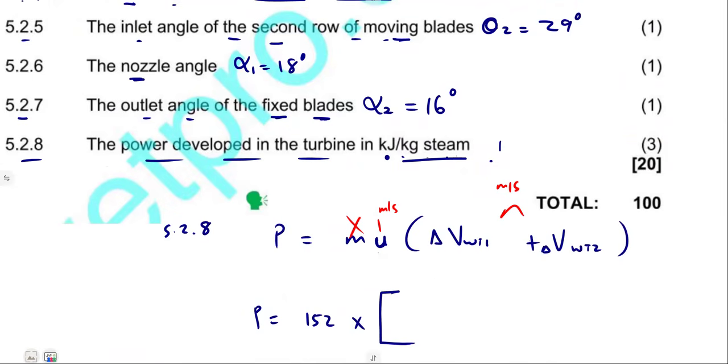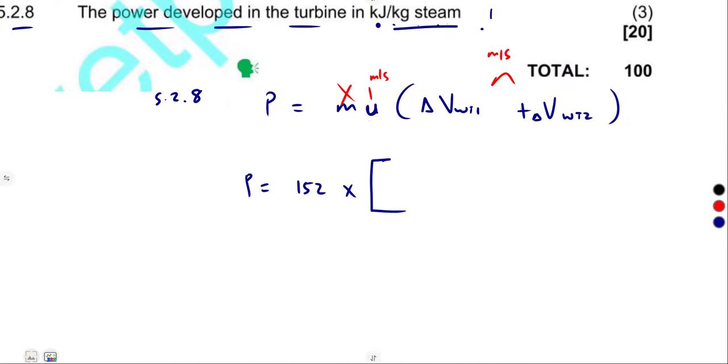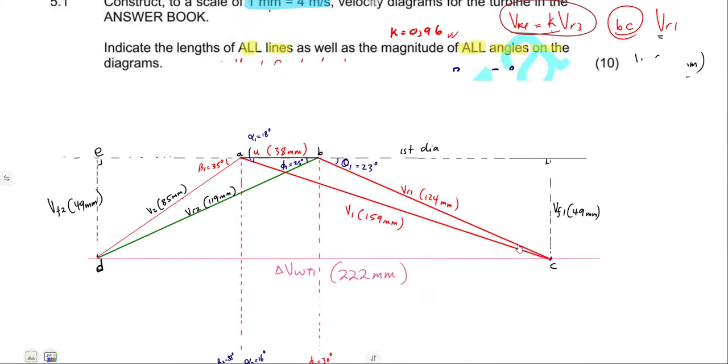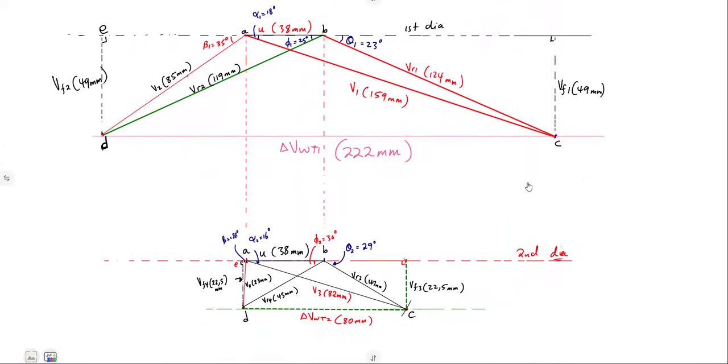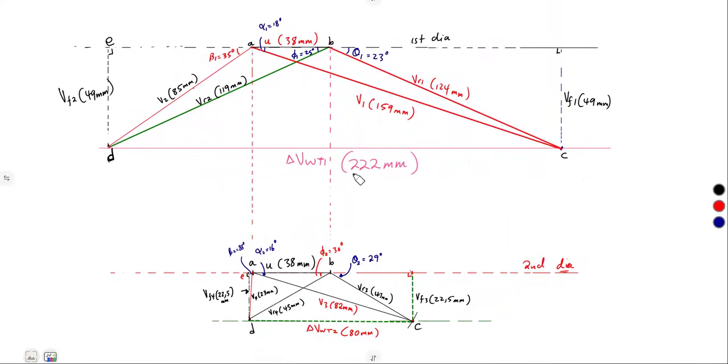Here we have these wheel velocities given in millimeters from our diagrams, so we are going to convert them to meters per second. They are given in millimeters, so take them as they are: 222 for the first one, and the second one 80.